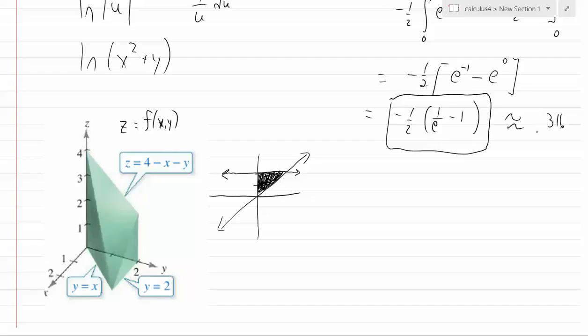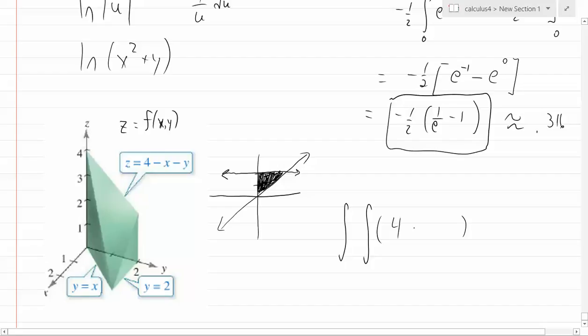But remember, the outer integral needs to have your x boundaries or your y boundaries, and they need to be constant terms. Okay, so we know what our function is.